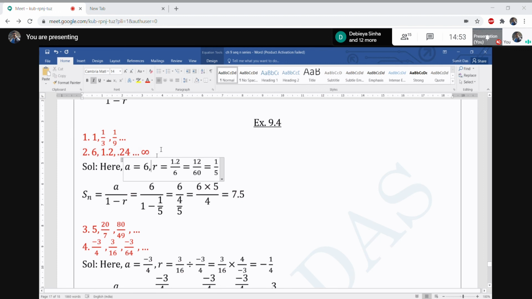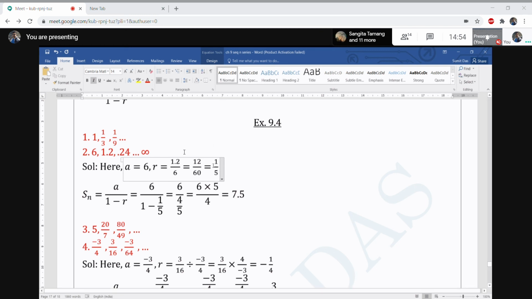So 1.2 divided by 6, the decimal is cancelled, so we'll get 1 by 5 as the common ratio.